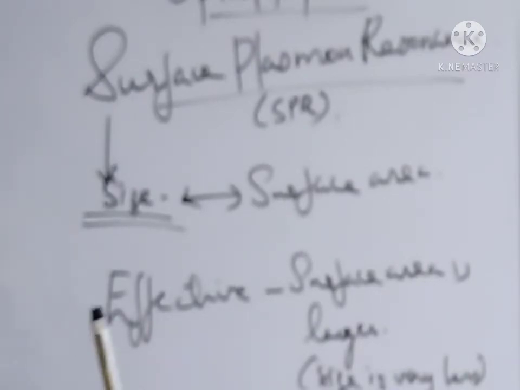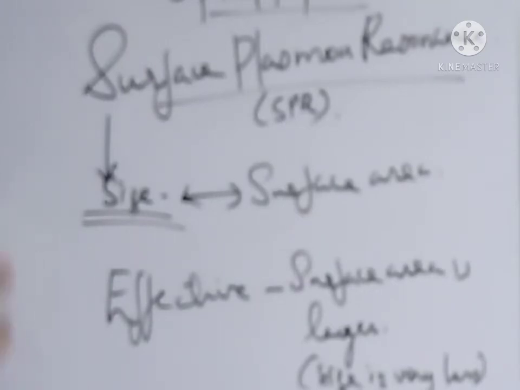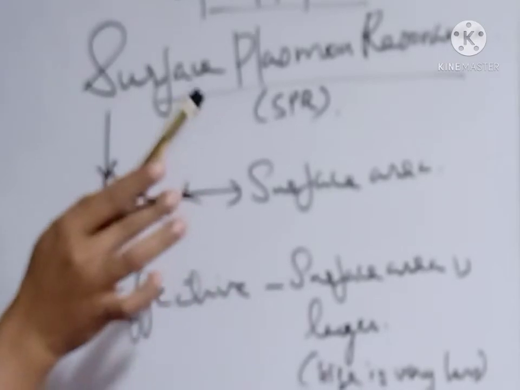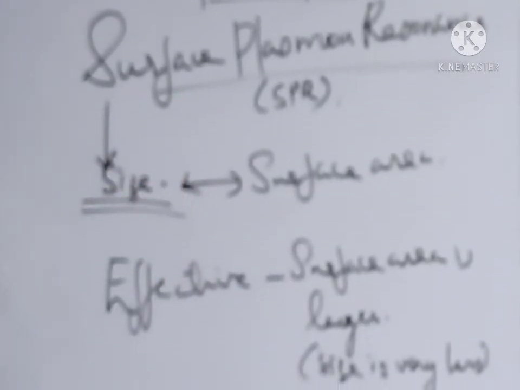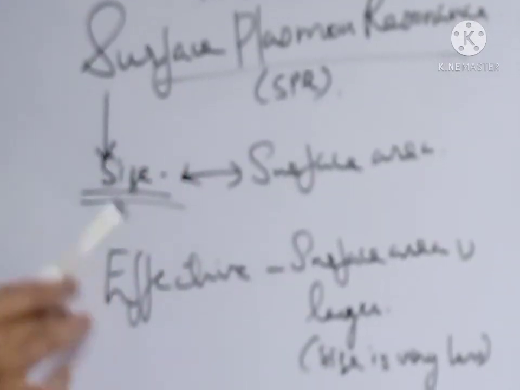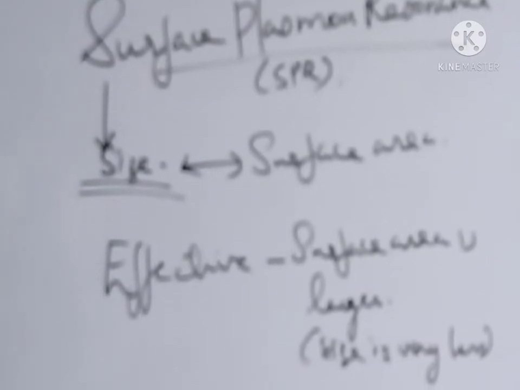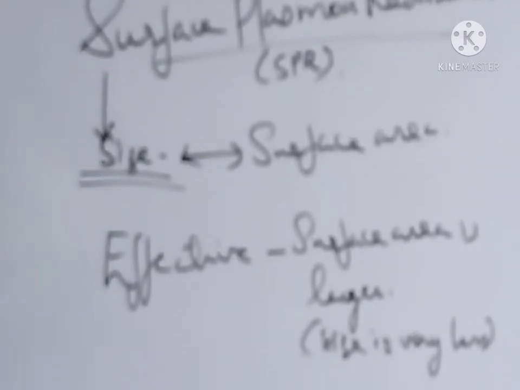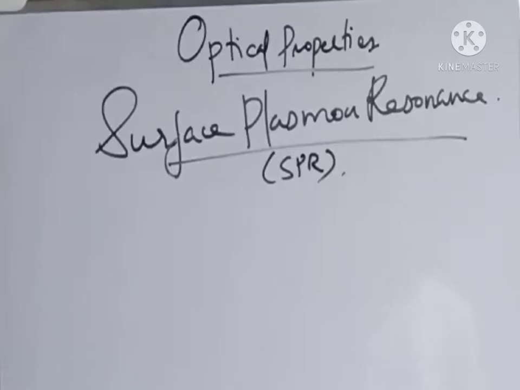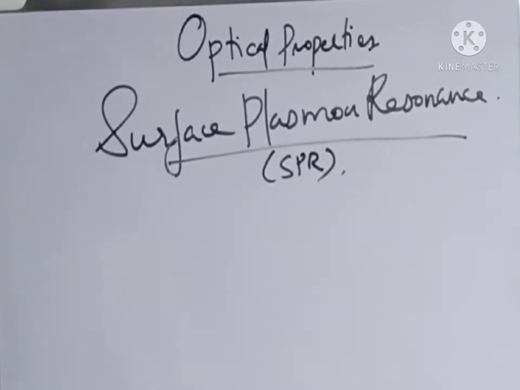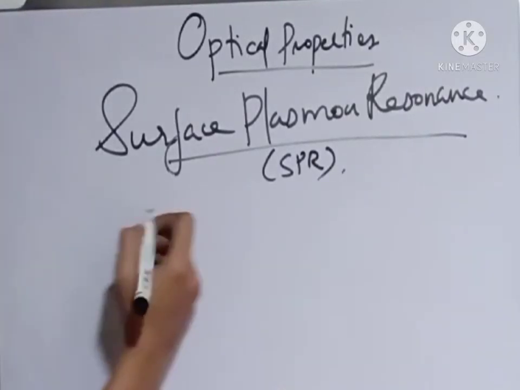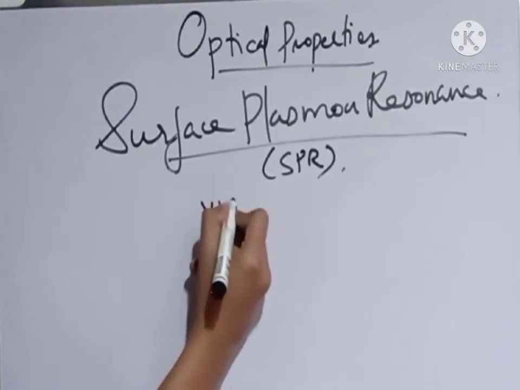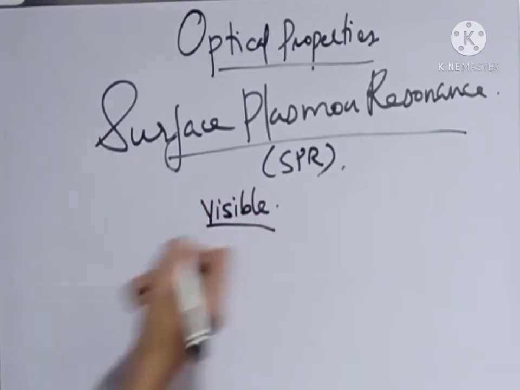That is why this process does not occur in normal metals, because the size is very high and the surface area is very low. The surface plasmon resonance of nanomaterials usually occurs in the visible portion of the electromagnetic spectrum.